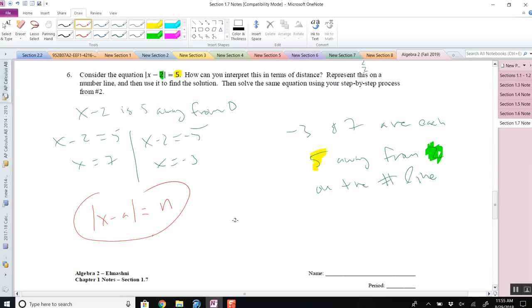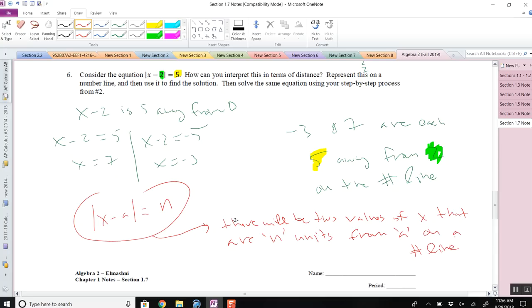What this really means is that there will be 2 values of x that are n units from a on a number line. That's all it's really telling us.